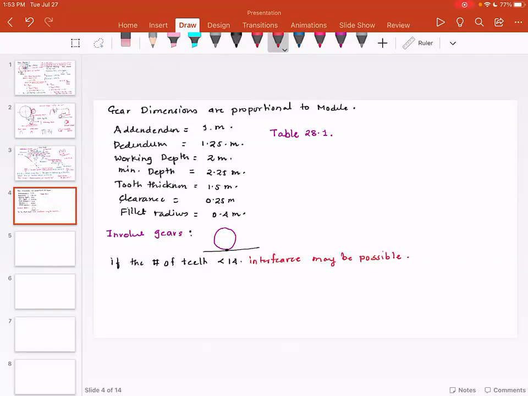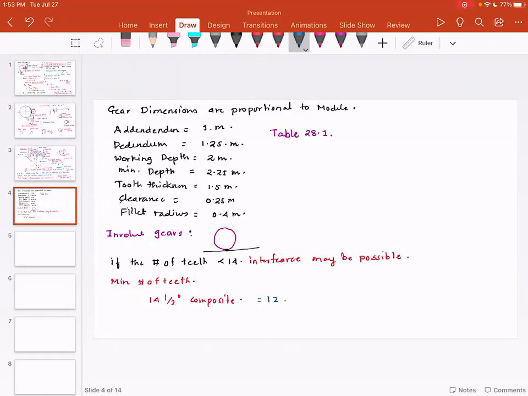But what I want to give you are design guidelines: minimum number of teeth for different types of gears. If you were to have a 14.5 degrees composite gear system, and 14.5 corresponds to the pressure angle, the angle made by the line of force with the line perpendicular to the line of centers, the minimum is 12.